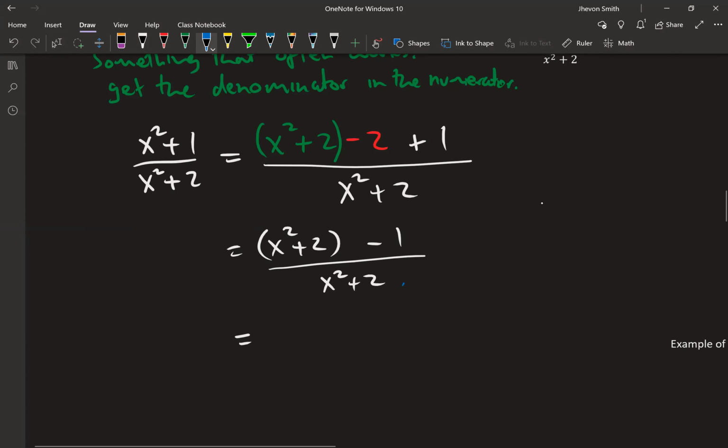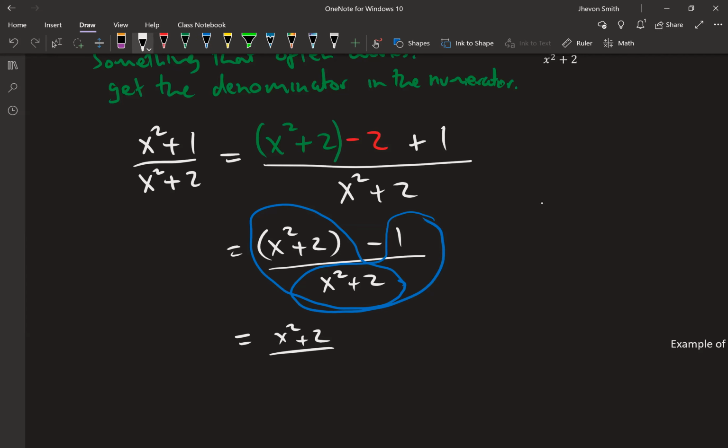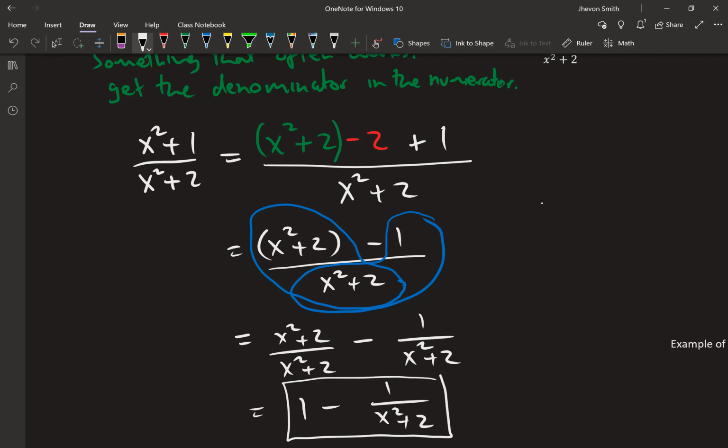You can now take this part of the fraction and separate it from this part. So here you would get x squared plus 2 divided by x squared plus 2, minus 1 over x squared plus 2. This is just 1 minus 1 over x squared plus 2. And you will now notice that this is the same as the original, and the last fraction is now proper.